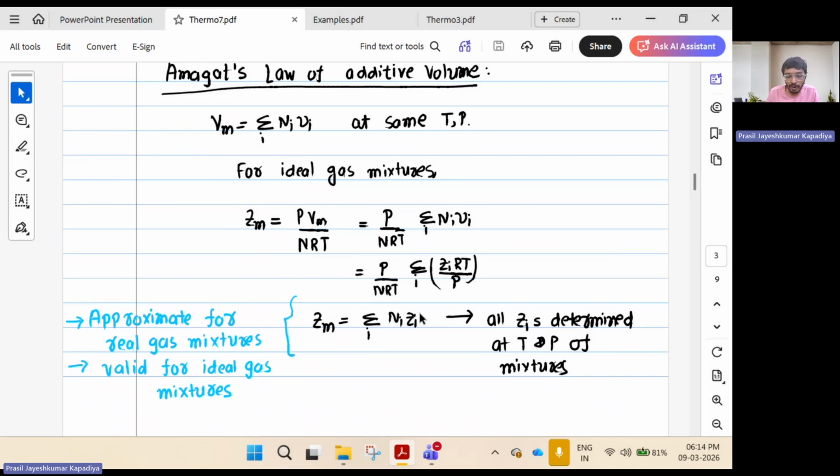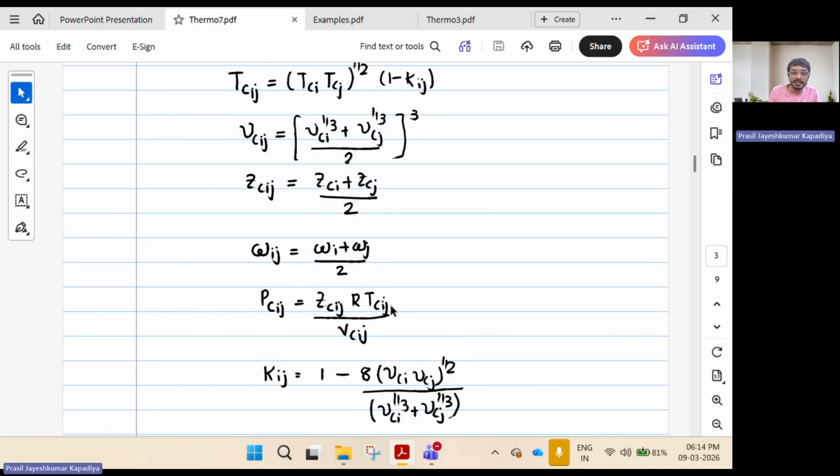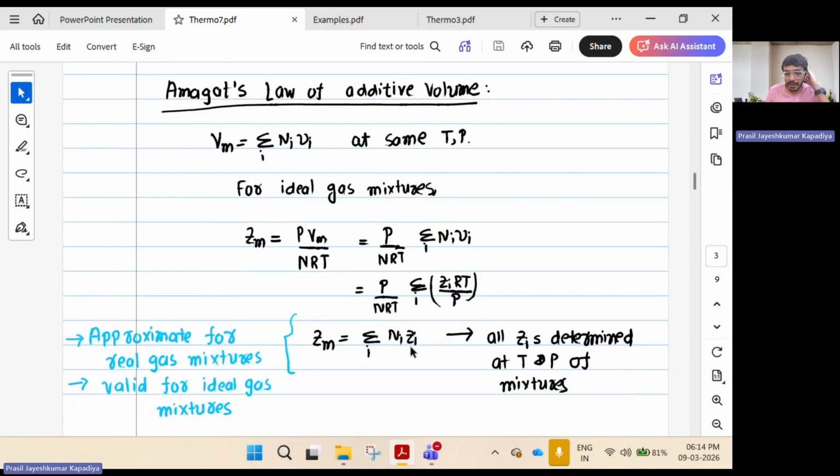But one more very important thing to note: let's say I'm dealing with my mixture at 350 Kelvin. Then this Zi I should use at that particular 350 Kelvin only. So the temperature and pressure conditions should remain the same when you go from the pure state to the mixture. When you use all the above rules, temperature and pressure conditions should be the same.